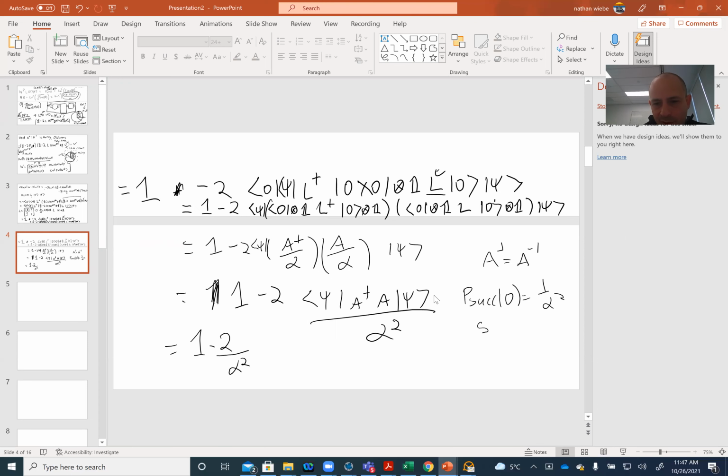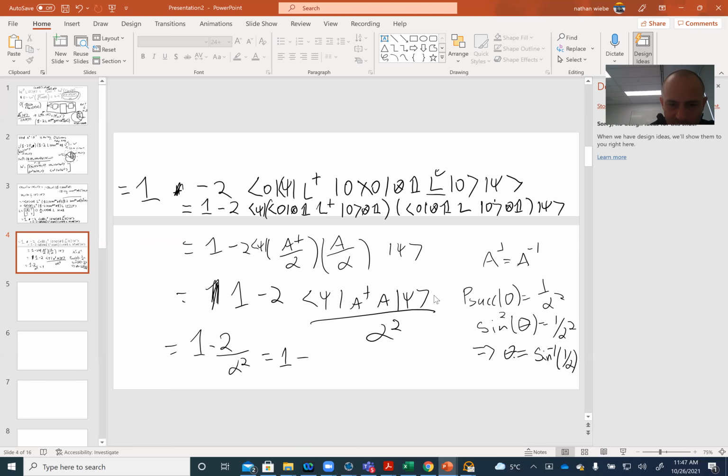So this ends up setting our angle, where we have sine squared theta equal to 1 over alpha squared, which implies that theta, the analog of theta for our amplitude amplification, is just the arc sine of 1 over alpha.